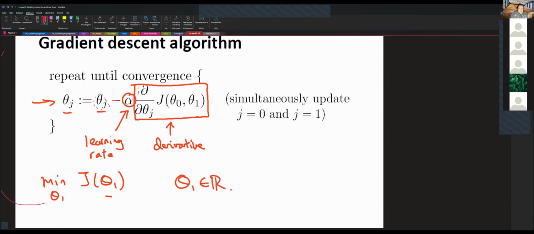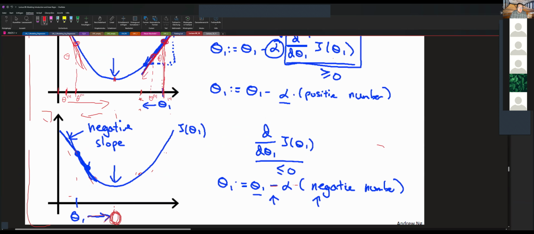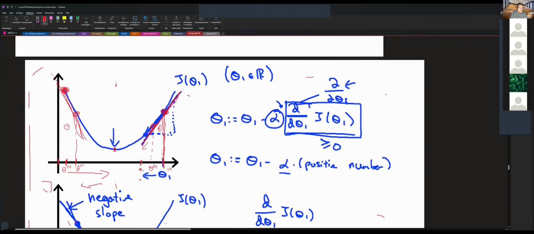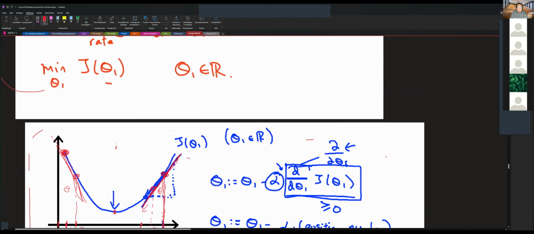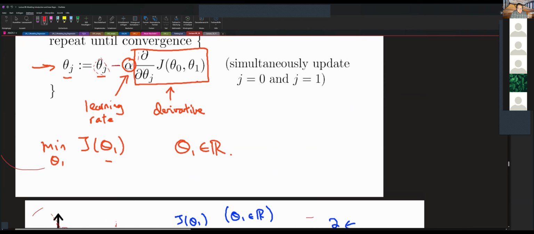The derivative influences the direction in which we go. So this determines if we go here or if we go here. And this is what the derivative does. So if we start on the left-hand side of the cost function, the slope will be positive, meaning minus a positive slope.